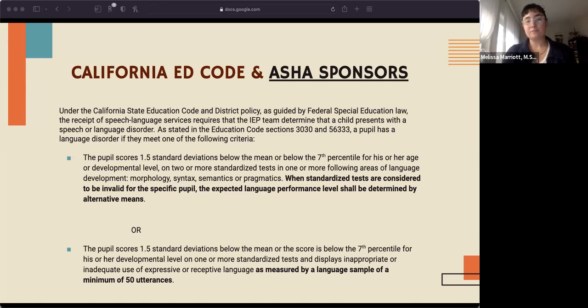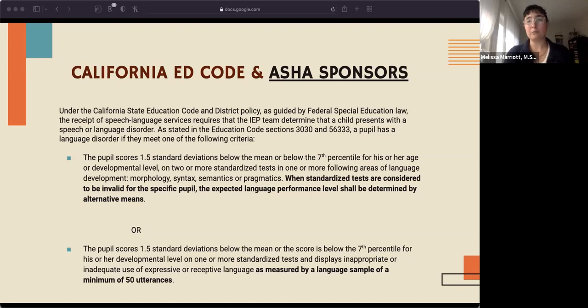Standardized tests are generally, as we know, biased based on cultural and linguistic backgrounds. AAC arguably would be a linguistic background, right? These tests are not normed primarily on students who use AAC as their primary or even supplemental access to communication.